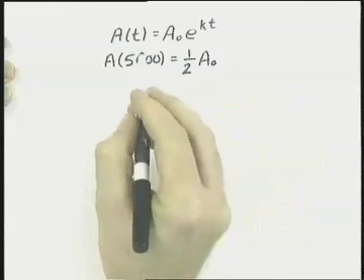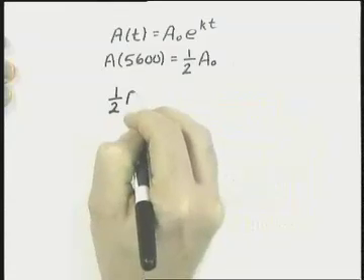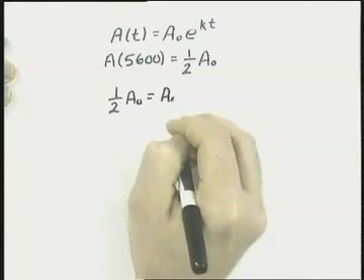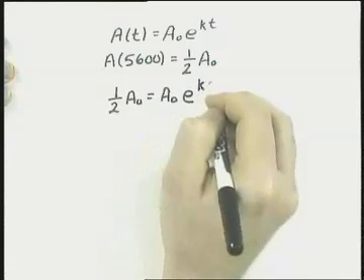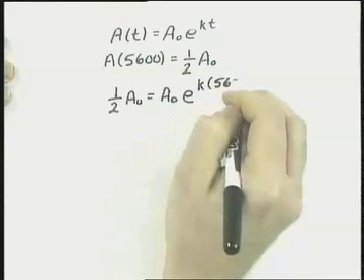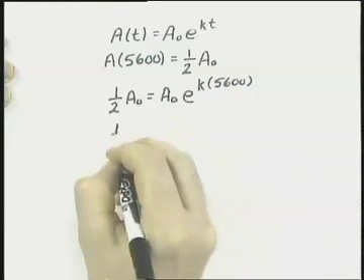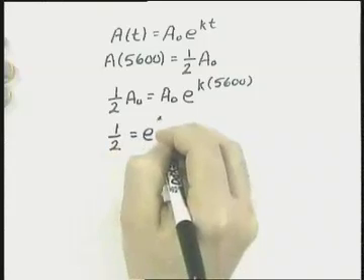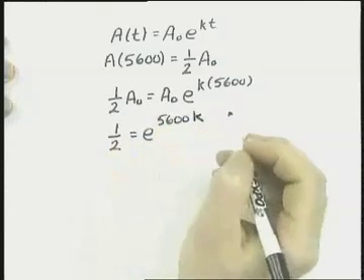What that means is that in place of A of t, I put 1/2 the initial amount of carbon-14, which is going to equal the initial amount of carbon-14 times e to the k times 5,600 power. The A sub 0s cancel, and I'm left with 1/2 equals e to the 5,600 times k power.